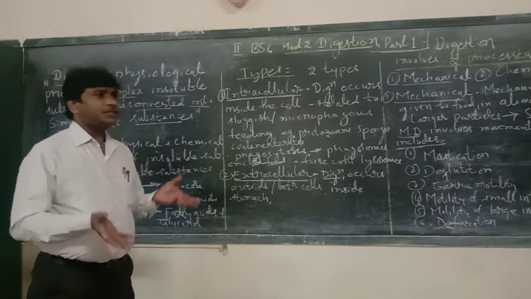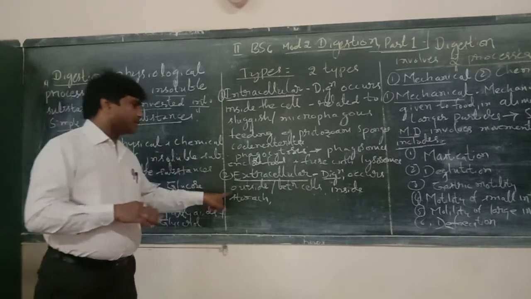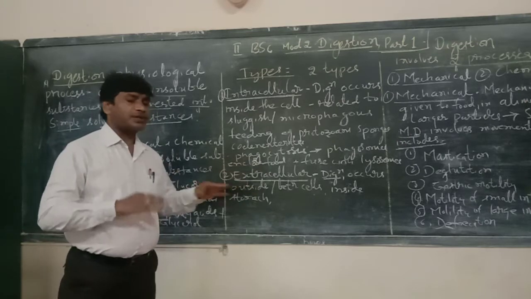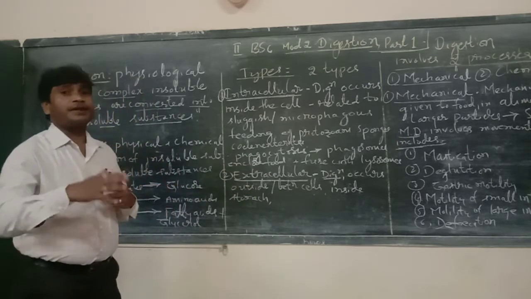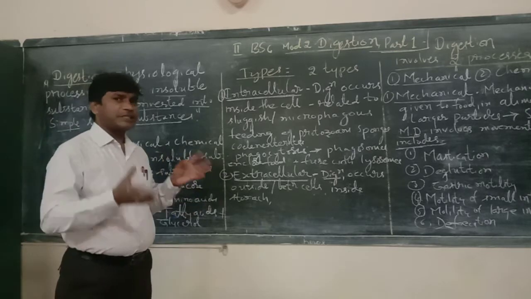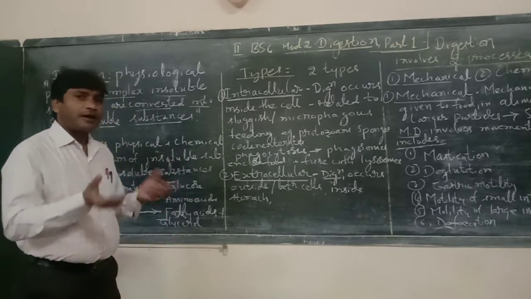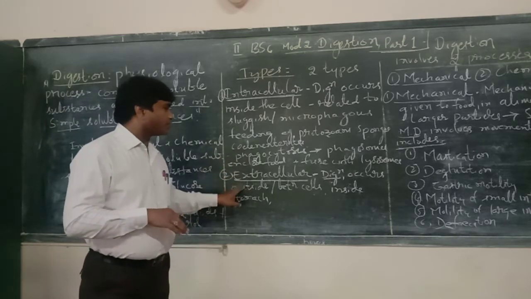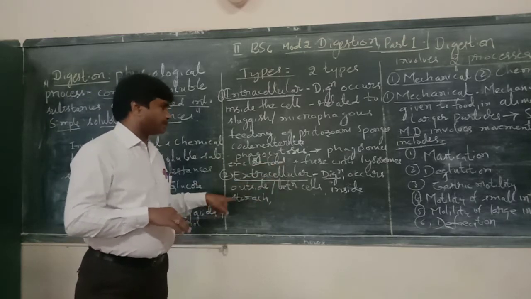In animals having an alimentary canal, we can see extracellular or intercellular digestion, where digestion takes place outside the cell or between the cells. This type is called extracellular digestion.